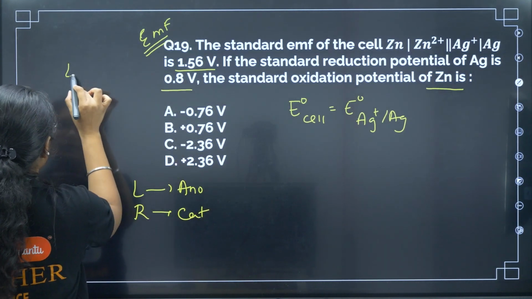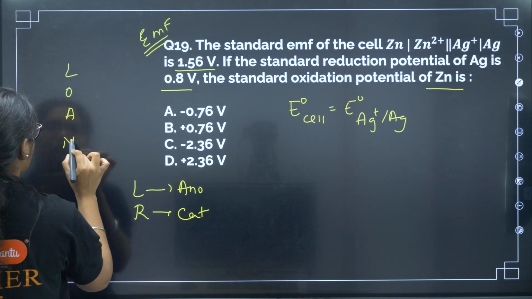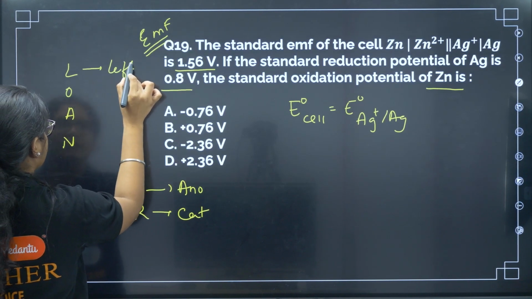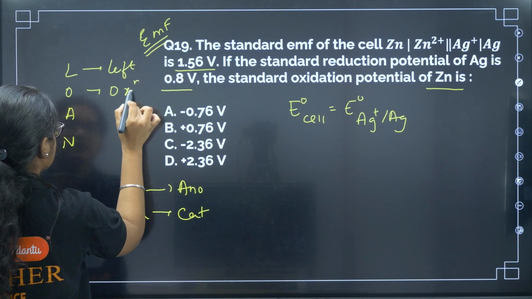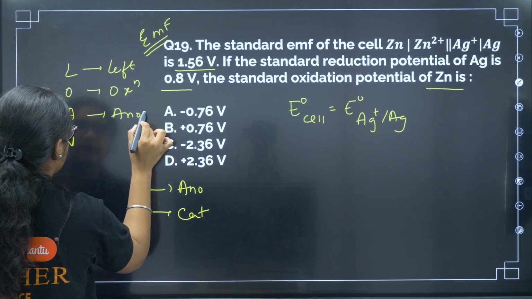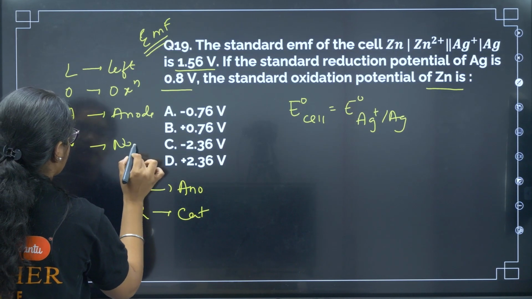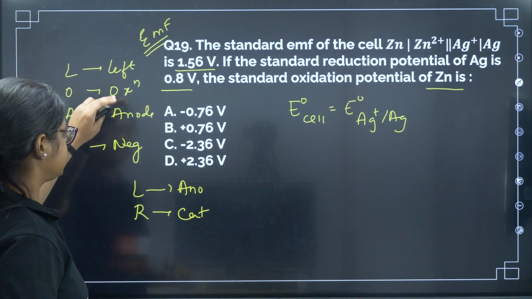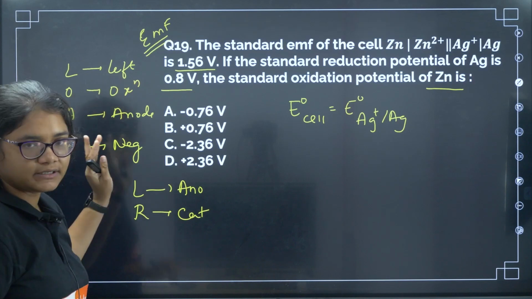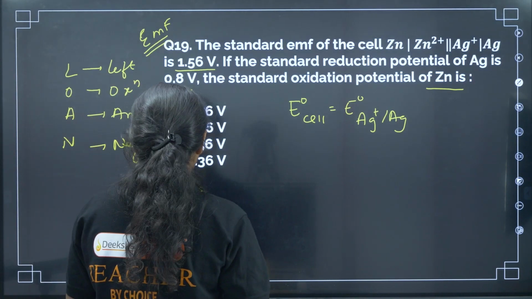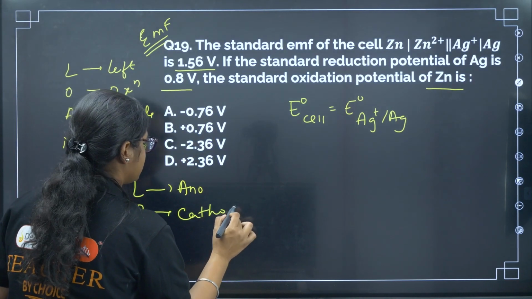There is one easy way to remember this. You can remember LOAN. L stands for left, O stands for oxidation, A stands for anode and the charge of the anode is negative, right? So there is always left side, the anode one, where oxidation takes place. So E naught of left side is anode and right side is your cathode.